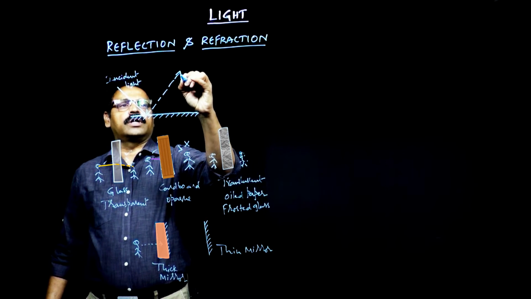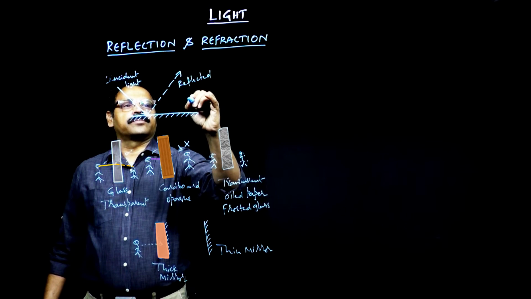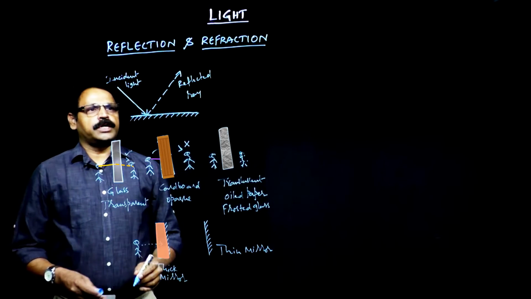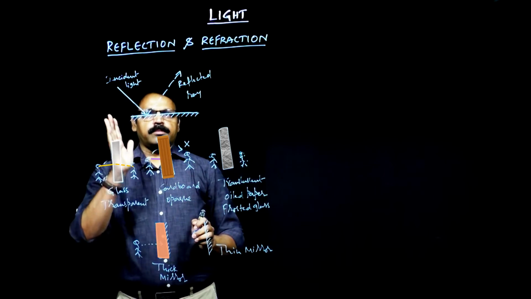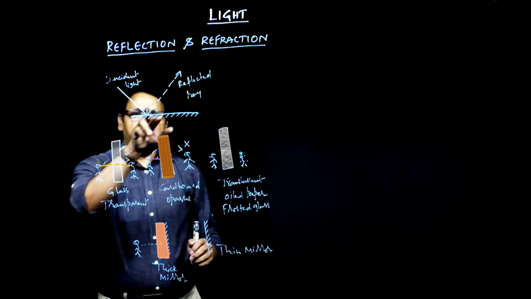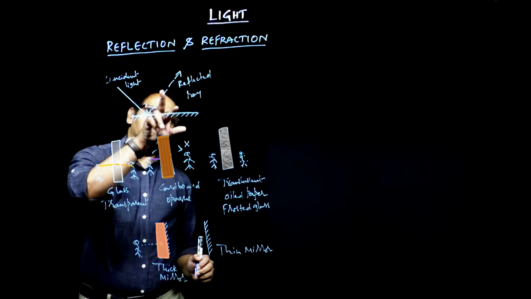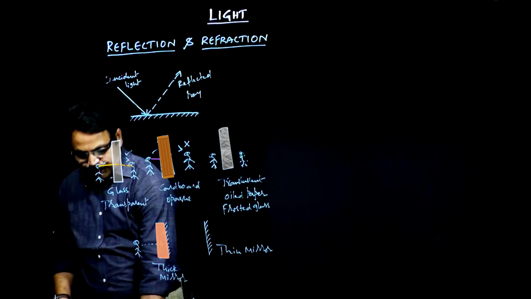So this is what is called the reflected ray. So here you need to remember, whenever light falls from some medium onto the mirror, it will change its direction and get back into the same medium. That phenomenon is called reflection.